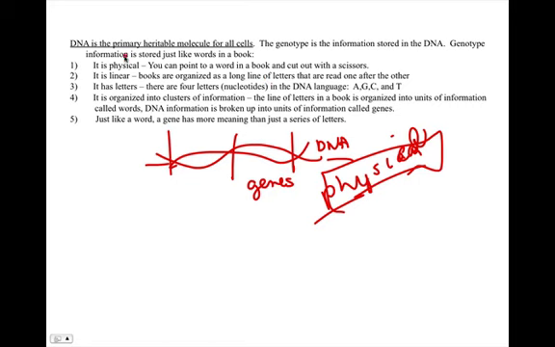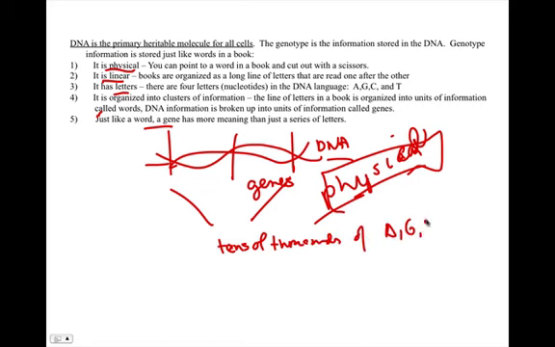So here's just some facts from this handout. DNA is physical, it's linear, like words in a book, organized into clusters of information, like a word. A difference between a gene and a word is that genes are very long, they are tens of thousands of letters long, of A, G, C, or T patterns, and those letters are called nucleotides.